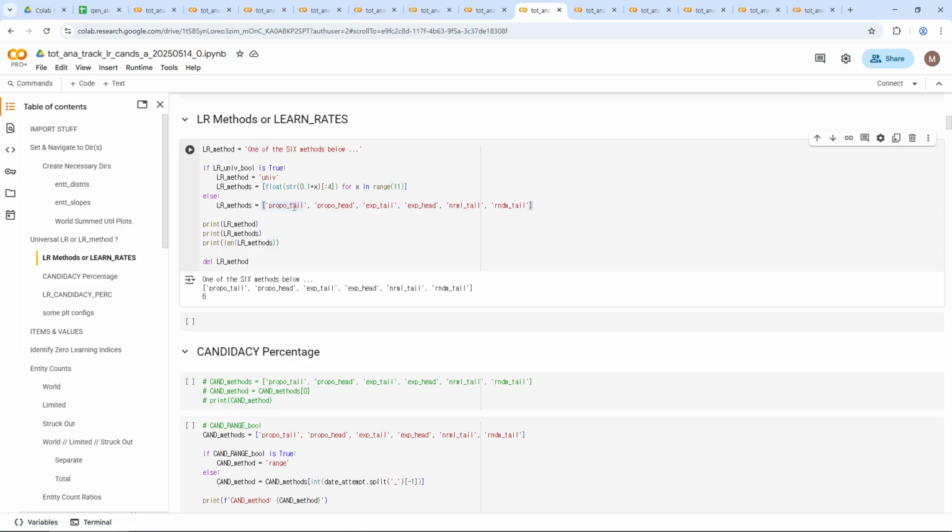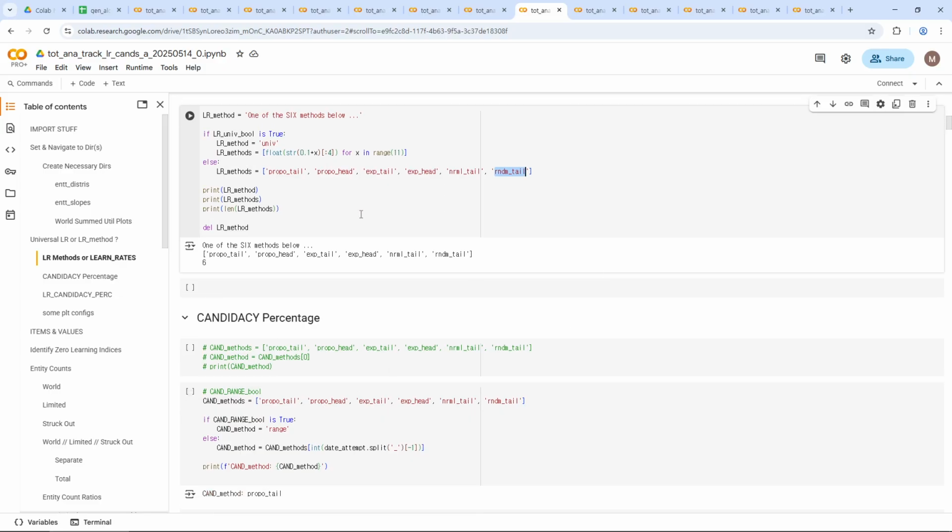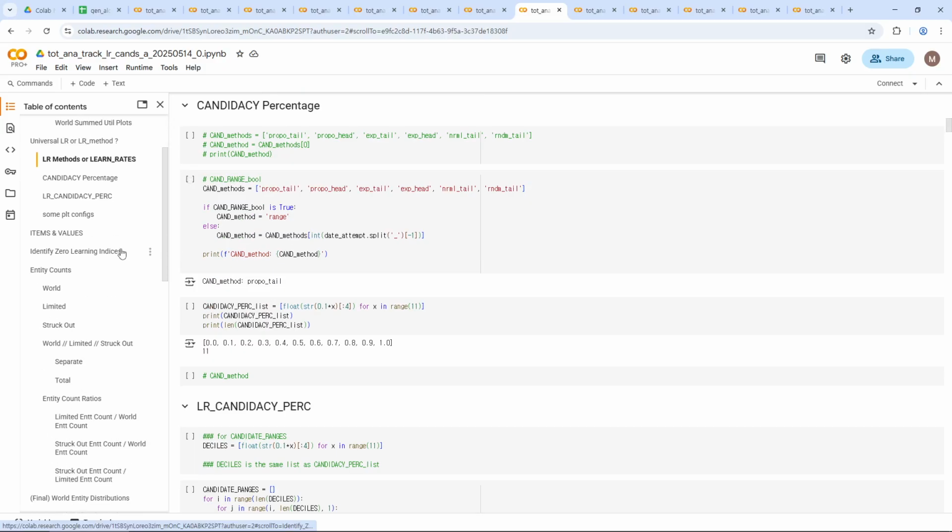Yeah, here, proportional tail, proportional head, xp tail, xp head, normal tail, random tail. It's the same order as this, but they're not in any kind of a numerical order. And just because proportional head is after proportional tail doesn't mean proportional tail is bigger than proportional head, or the other way around.